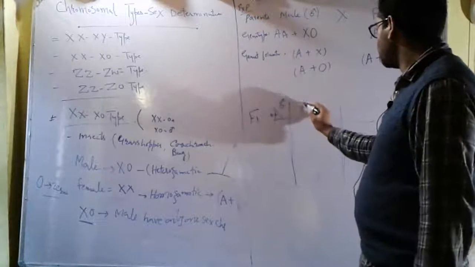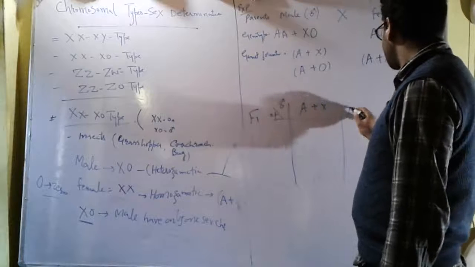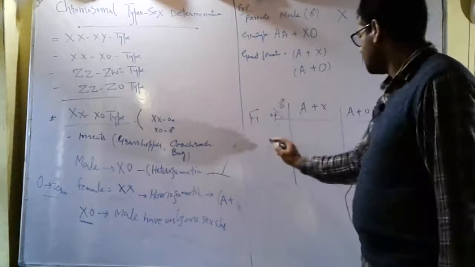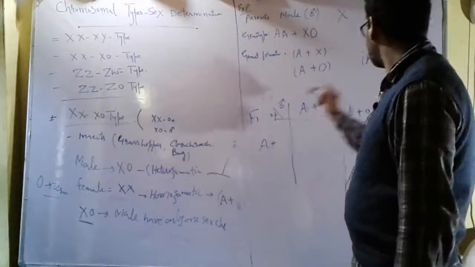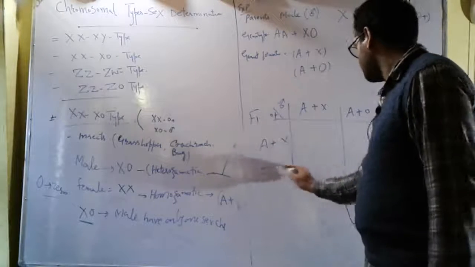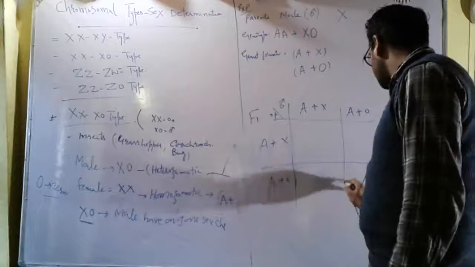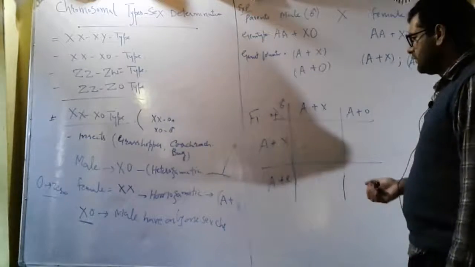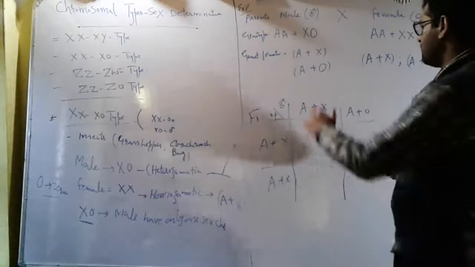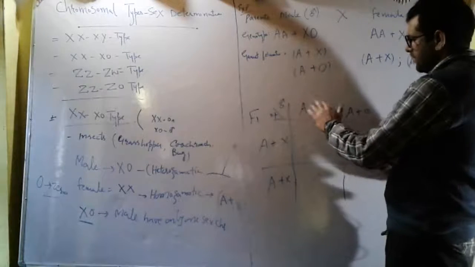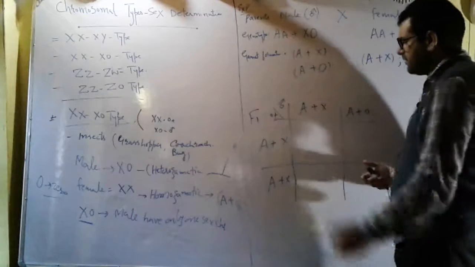We have A plus X, A plus 0, and female gametes A plus X. In the F1 generation, we get male and female individuals.